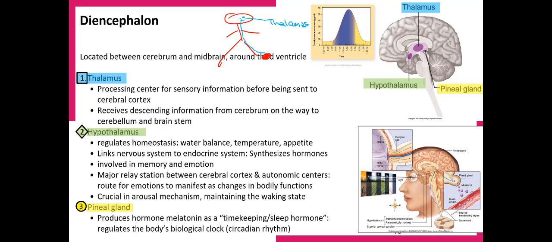And then what happens is the thalamus receives other input from other places. So it processes it right over there, and then it sends the information via another neuron to the cerebrum, right?